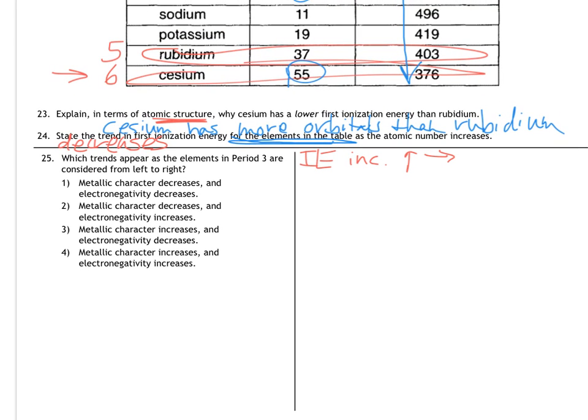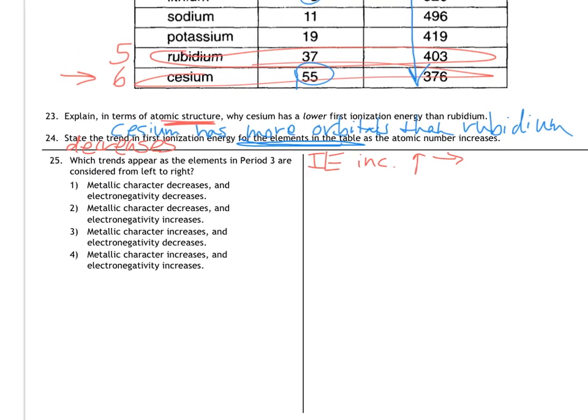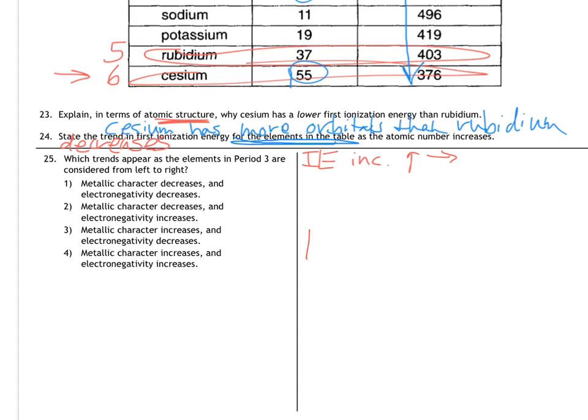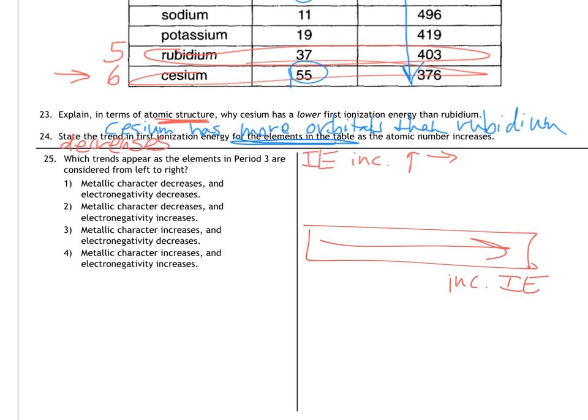Number 25, which trend appears as the elements in period 3 are considered from left to right? So as we're going from left to right within period 3, a few things happen. You're going to get an increase in ionization energy. You will generally get an increase in electronegativity as long as you don't include the noble gases.